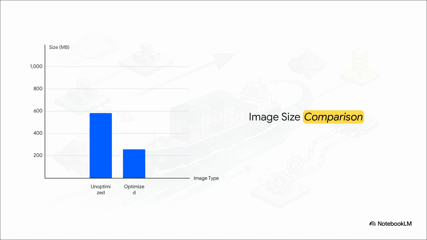Looking at the final comparison, it's pretty incredible. Our initial unoptimized Ubuntu image sat at a sluggish 585 megabytes. But now, by utilizing an Alpine base, smart layer caching, .dockerignore, and the sheer power of multi-stage builds, we've stripped away hundreds of megabytes of bloat. The result is a lean, lightning-fast, highly secure, production-ready artifact.